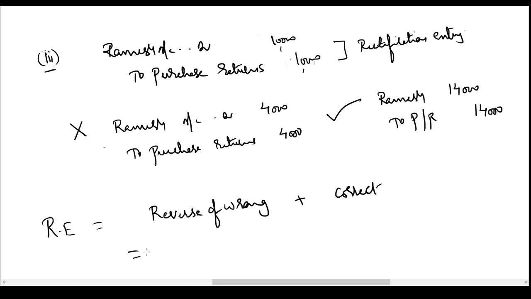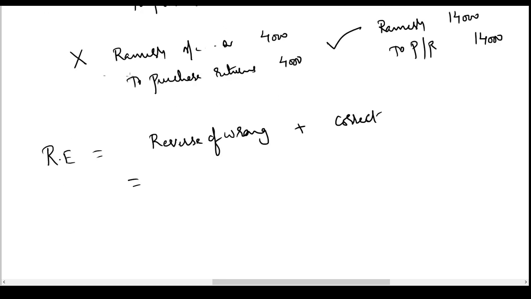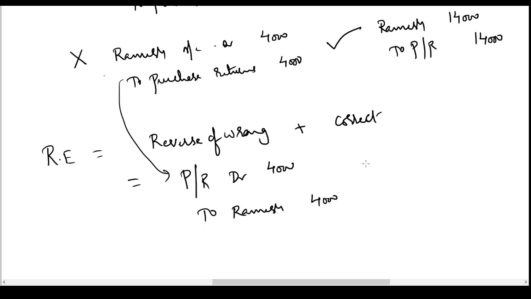So reverse of wrong, it's already here, it will be reversed here. So purchase returns would be debited 4,000, Ramesh would be credited 4,000, plus correct. Now the correct will be Ramesh account debtor to purchase returns 14,000.